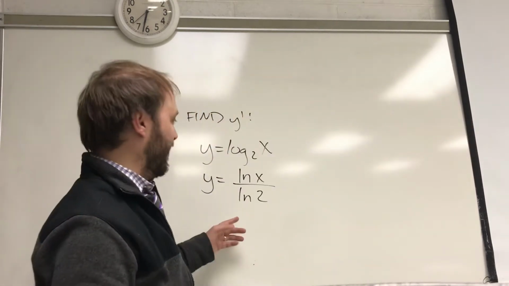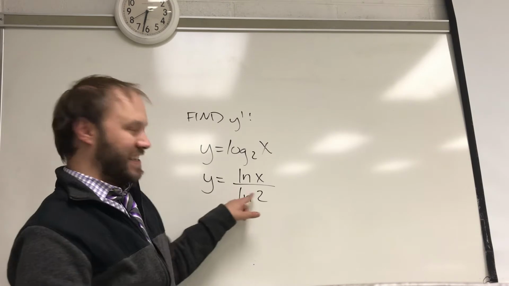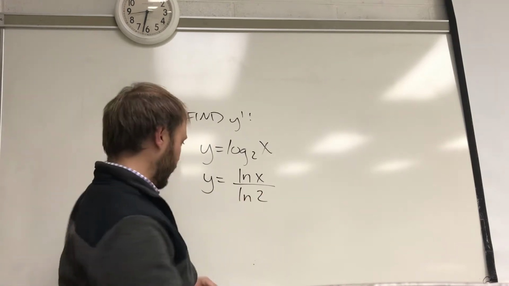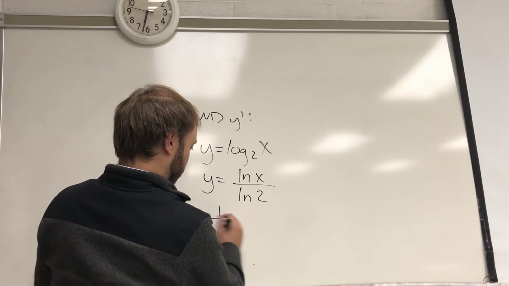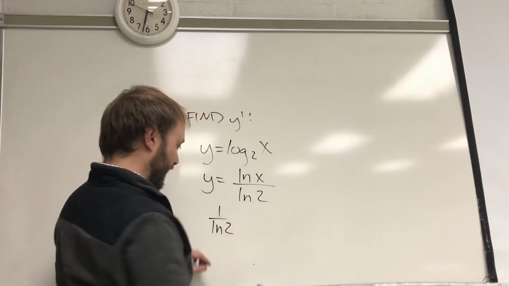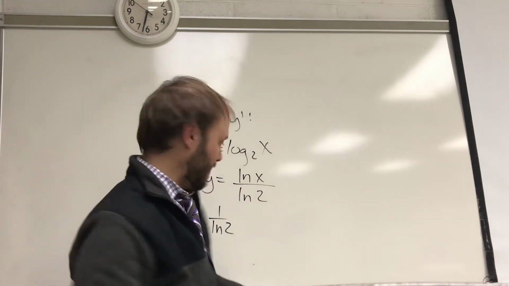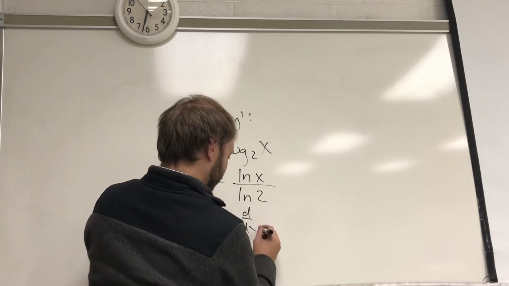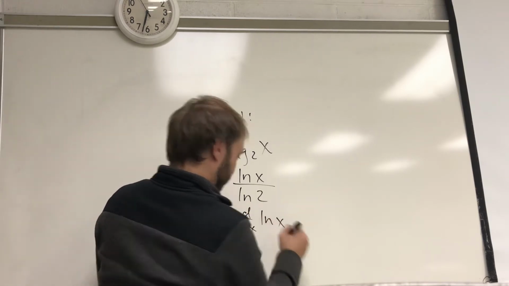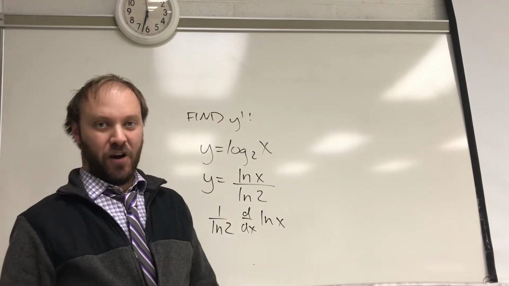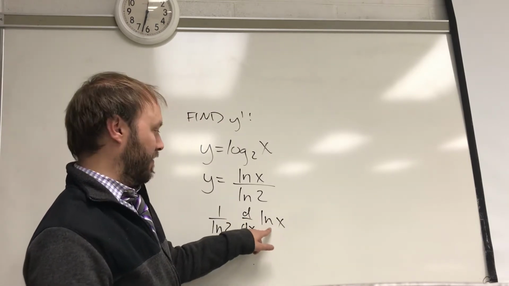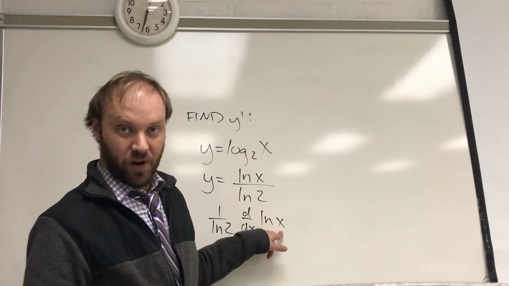So the point here is that's a constant that can really just be multiplied out, and that means I can take the derivative of 1 over the ln of 2. That's a constant. And then I can just take the derivative of the natural log of x. So I can factor out the constant, take the derivative of the natural log of x, and of course, the derivative of the natural log of x is just 1 over x.